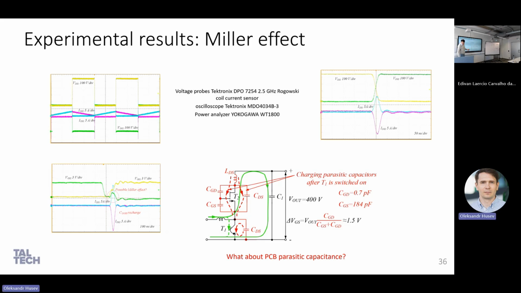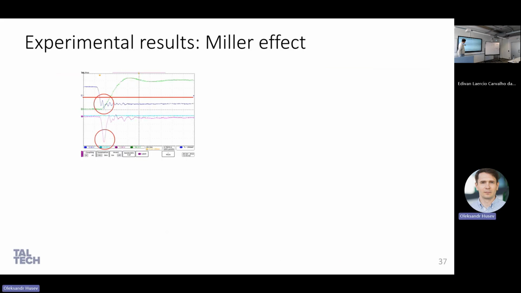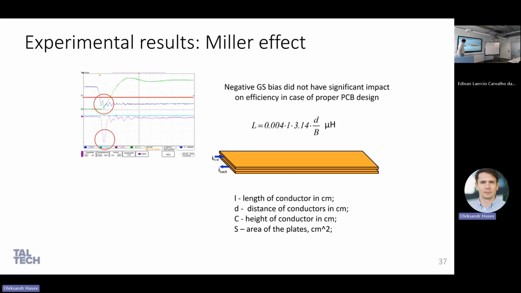what about PCB parasitic capacitance? This is just an illustration, right? If you are thinking about drain-source currents, you may make drain and source overlap each other, right? But in this case, overlapping also creates capacitance. You create drain-source capacitance, which is not good. But also, which may be even worse, 1 square centimeter gives from 1 to 10 picofarads depending on the layers.